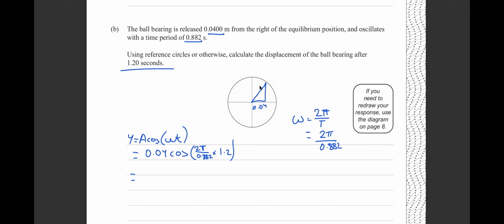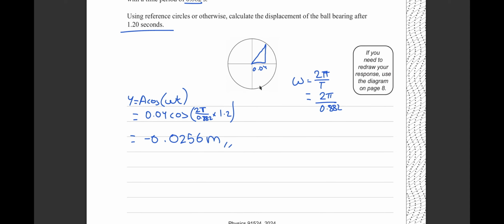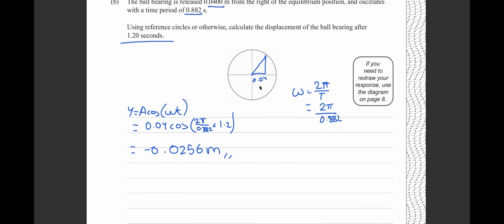So that's 0.04 cosine of 2 pi over 0.882 times 1.2. My calculator is in radians, so I get a displacement of negative 0.0256 meters. Cool, nice. I've calculated the displacement.